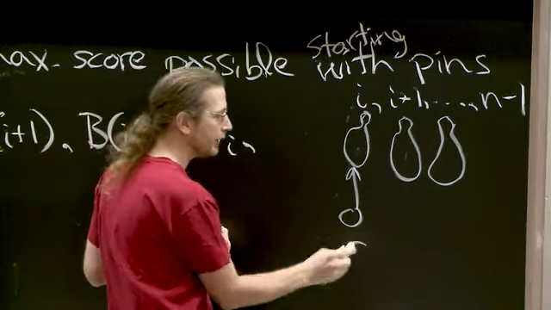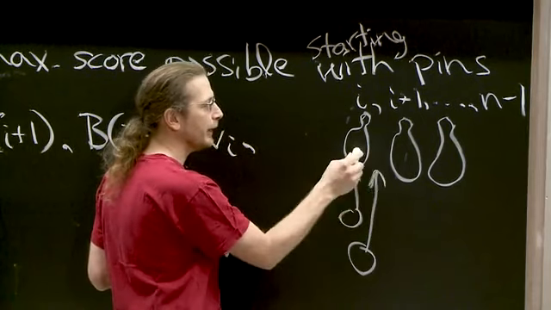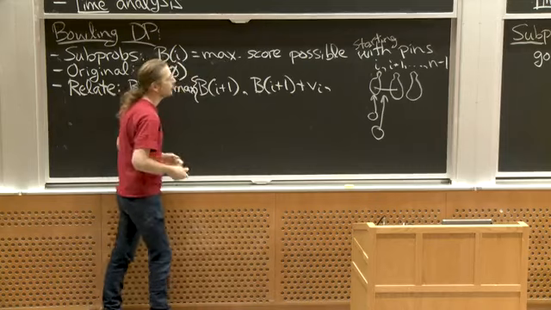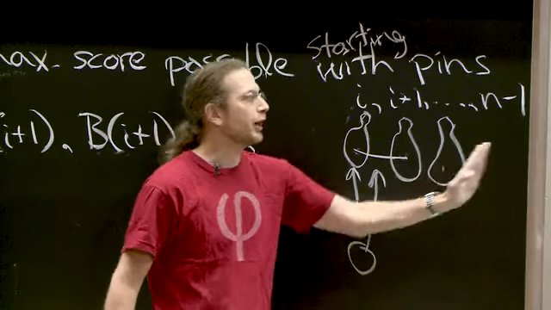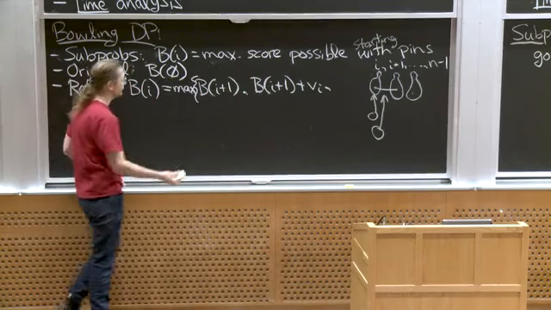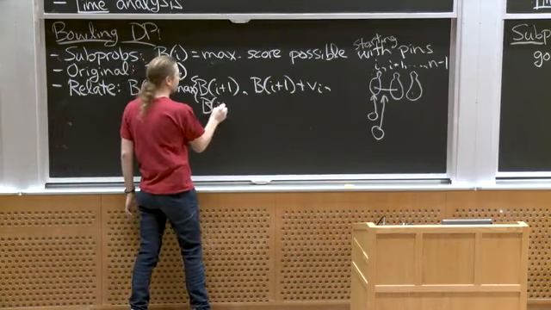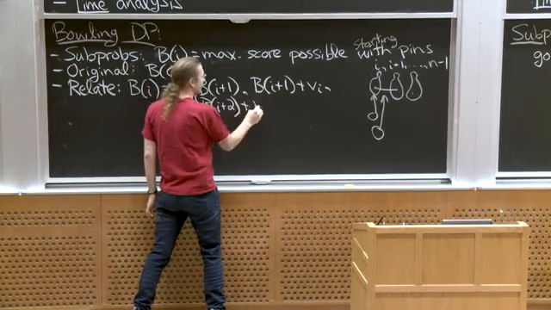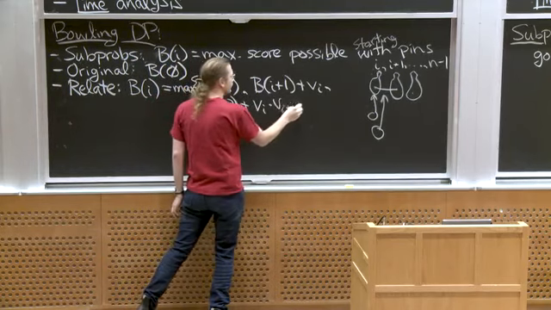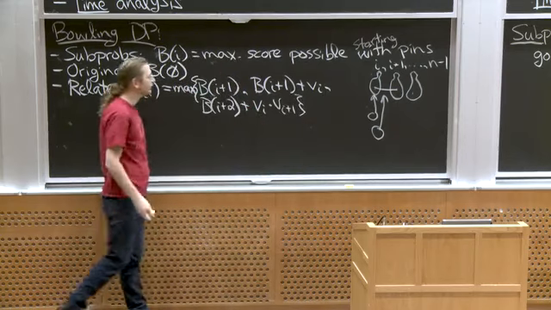And so the only other thing I can do is throw a ball and hit I together with I plus 1. And then I get the product. Now, what pins remain? I plus 2 on, still a suffix. So if I remove one or two items, of course, I still get a suffix. In this case, B of I plus 2. And then the number of points that I add on are VI times VI plus 1. So this is a max of 3 things.